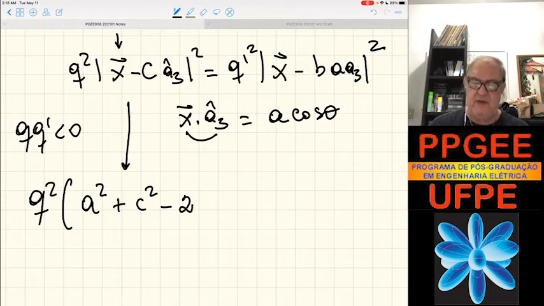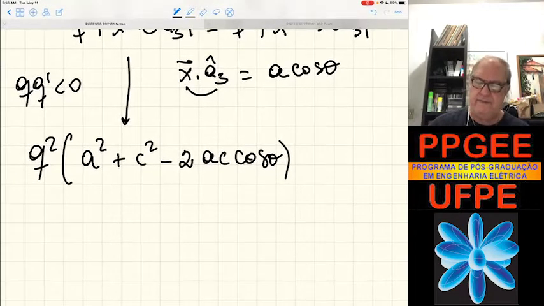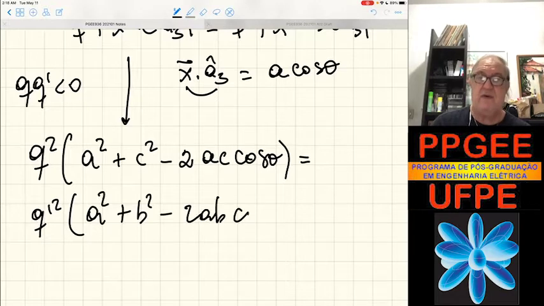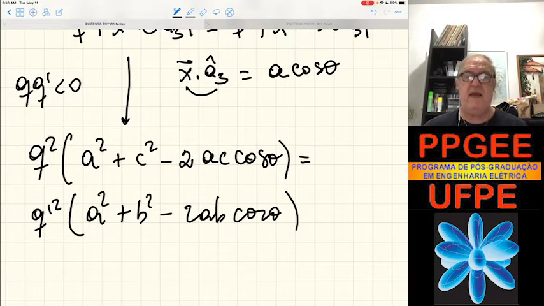So this is going to be 2AC cosine theta, equals Q prime square, same thing, A square plus B square minus 2AB cosine theta. Then we rearrange this, right?